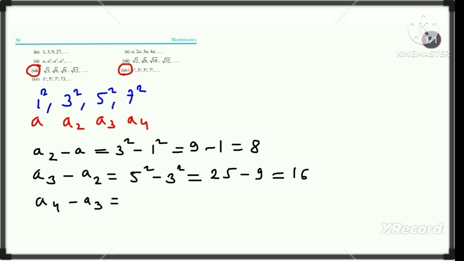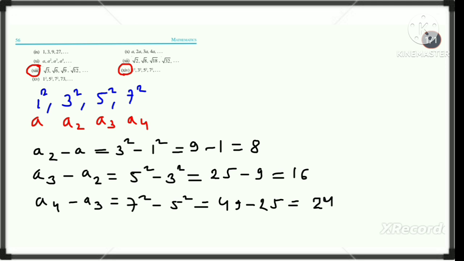a4 equal to, we have 7 square, minus a3 equal to, we have 5 square, and the square of 7 will be 49, minus, and the square of 5 is 25, and after subtracting we obtain 24.